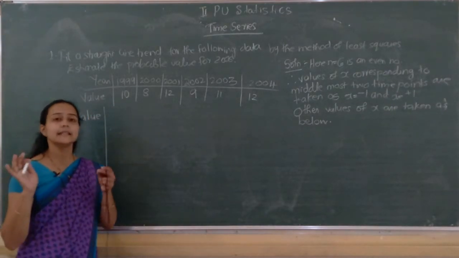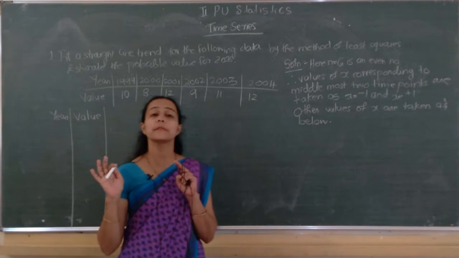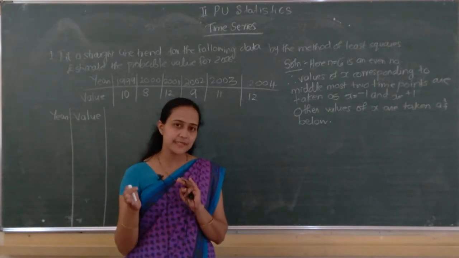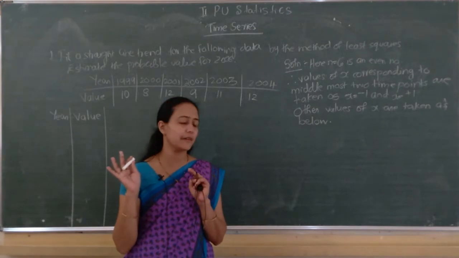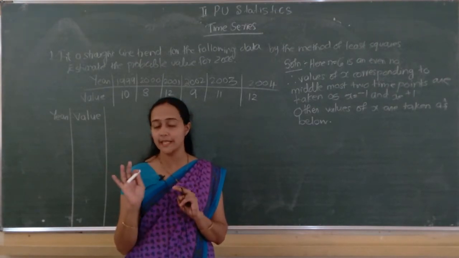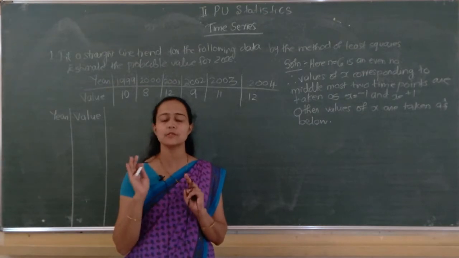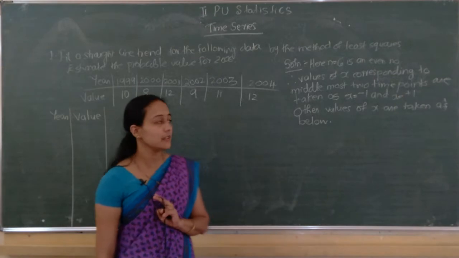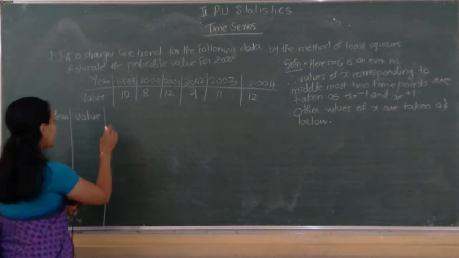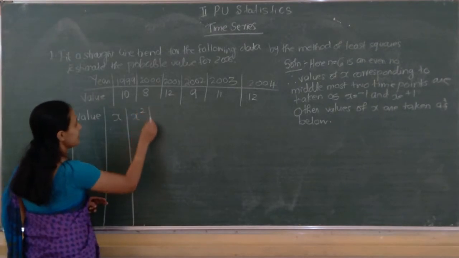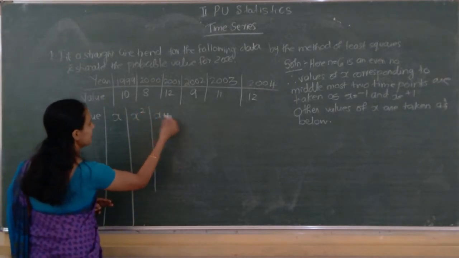They didn't mention a graph, so no need to draw a graph. If a graph is there, you have to obtain the trend values. Here no need to find the trend values. Just find the values of a and b, then fit that straight line. Next: year, value, x value, x square, xy.